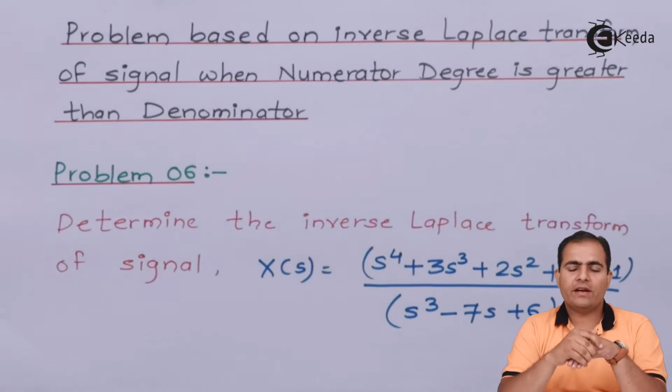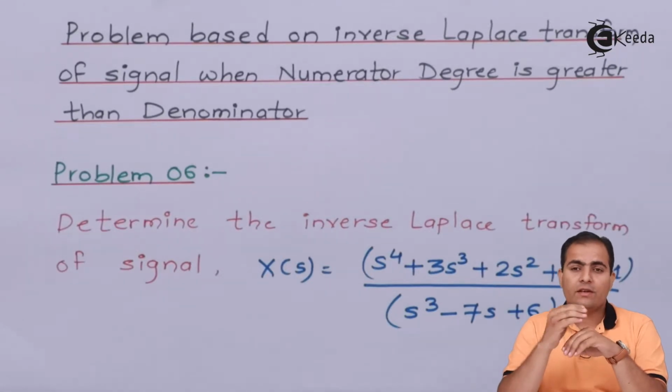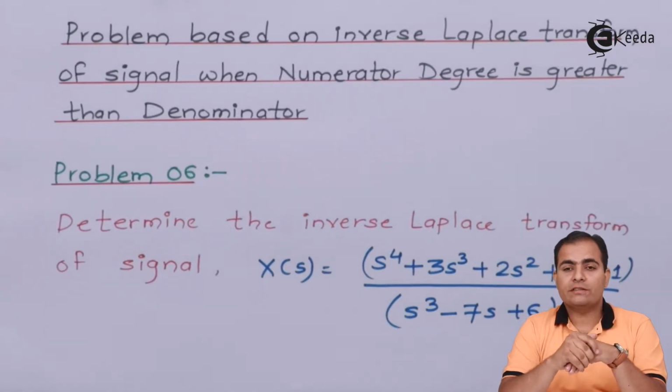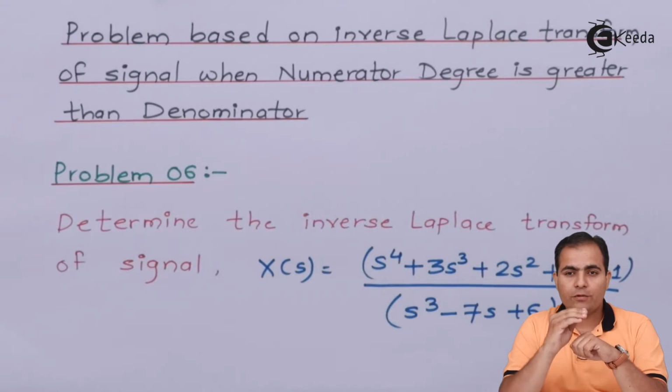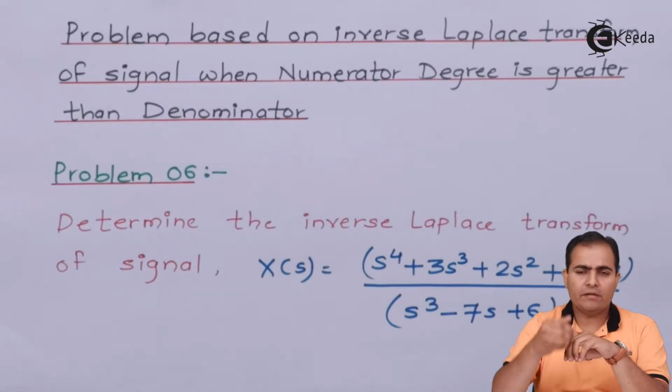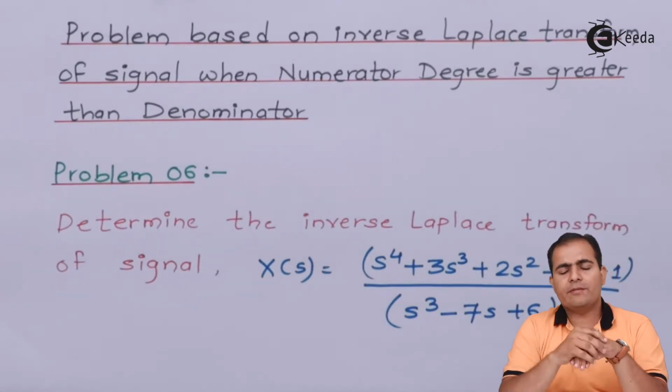So a similar thing we have to follow, and after division we'll place X of s in terms of Q plus R by D. Q stands for quotient. After division, of course, you will get some quotient value, and after solving the division part, you will get some remainder.